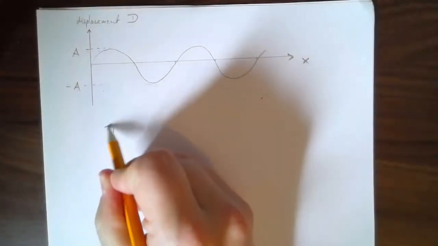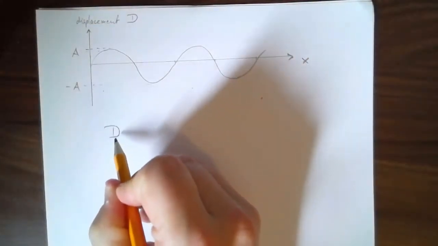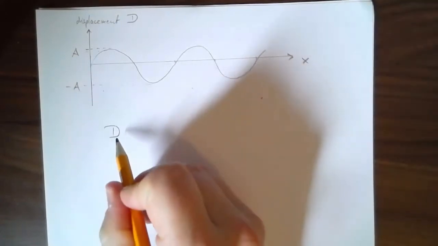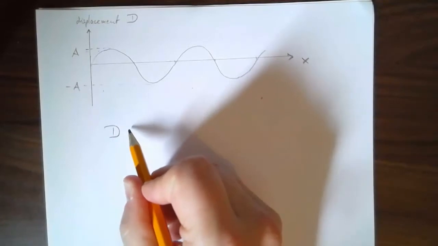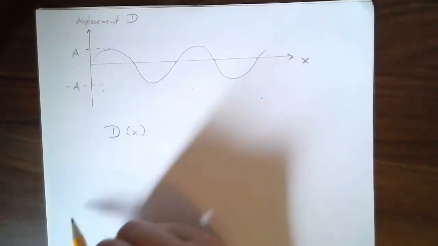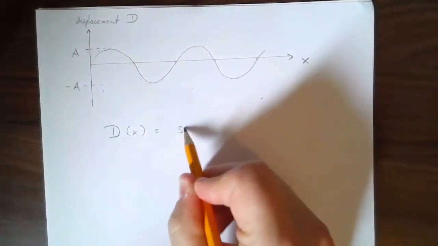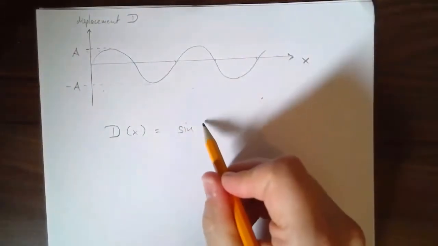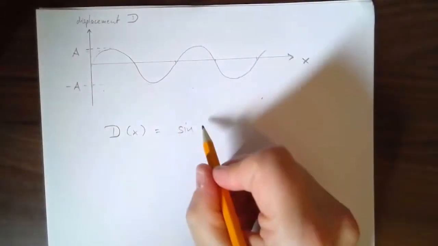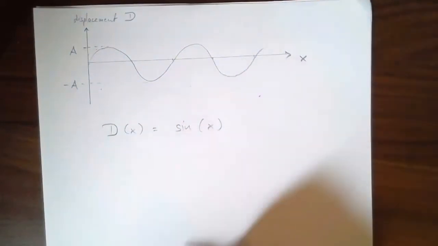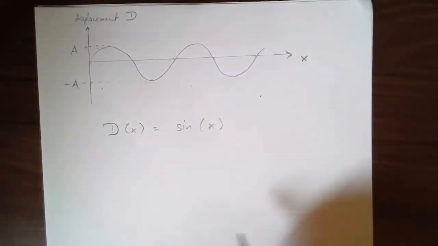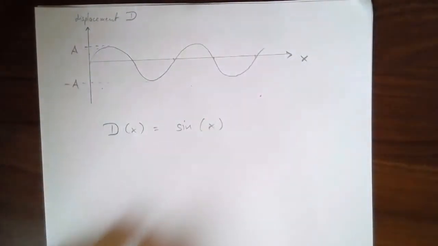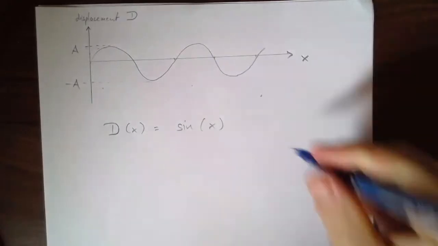What might I write down? D of x is sine of the position x, right? Of course, that's not going to work. It has the wrong amplitude and the wrong wavelength.